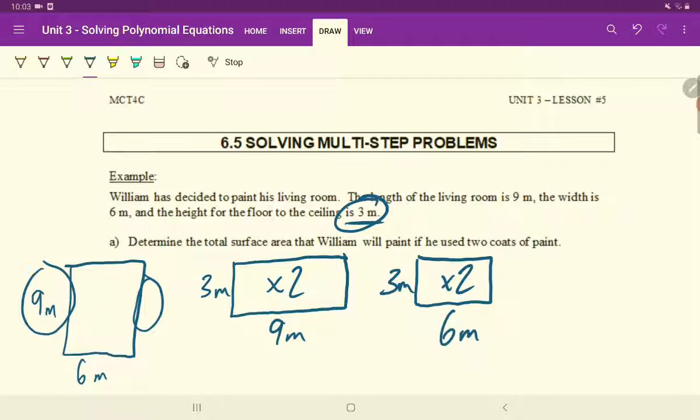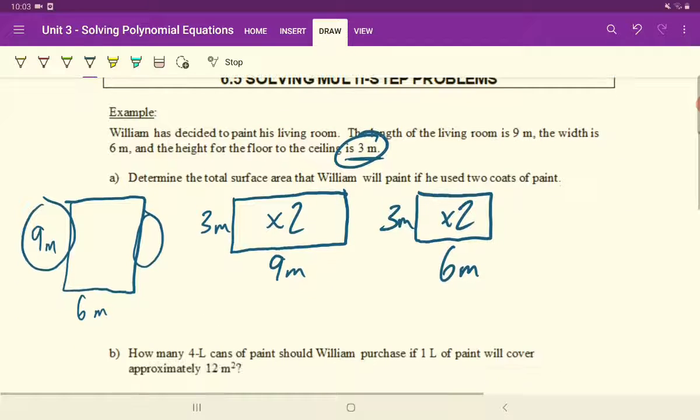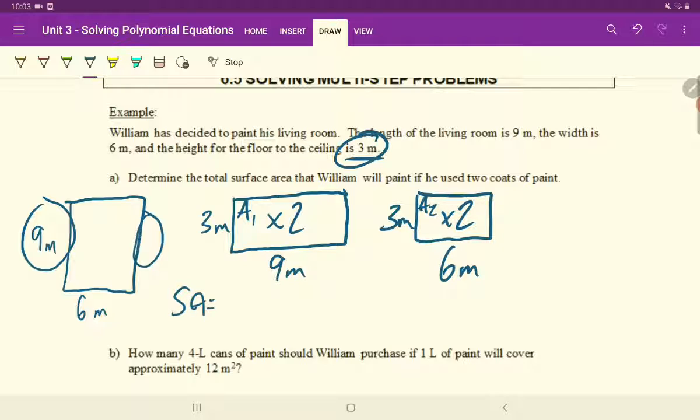So quite simply, to figure out this total surface area, we just have to figure out the area of each of these shapes, multiply them by their respective quantities, and then add them all together, and we'll have our total surface area. Let's call this shape area 1 and this area 2. So our total surface area is going to be equal to 2 times area 1, because there's 2 walls, plus 2 times area 2.